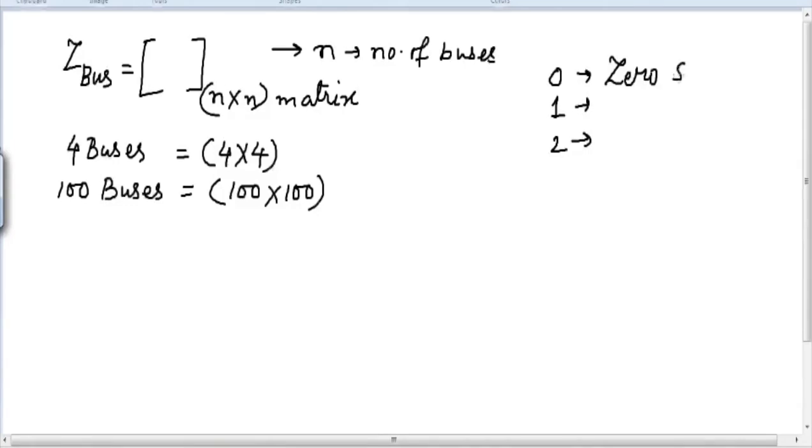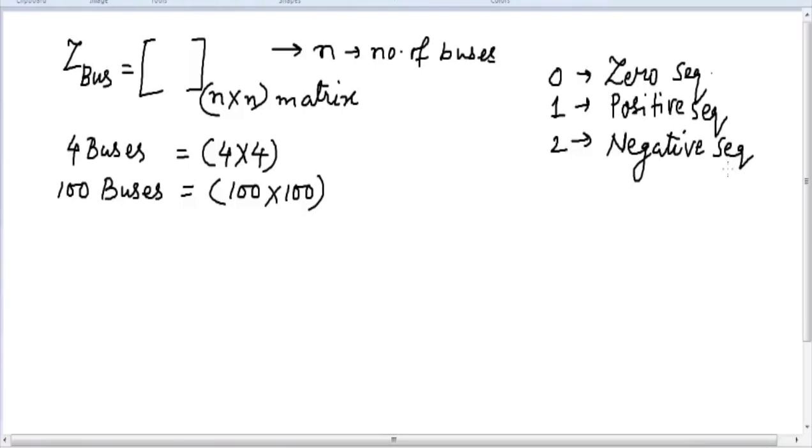This is the 0 sequence, 1 is represented by the positive sequence and 2 is represented by the negative sequence. So we have these 3 sequence components available, which help us convert the unbalanced or unsymmetrical power system into a symmetrical one. Because if we convert this unsymmetrical into a symmetrical one, it becomes easy for us to do the calculations, right?